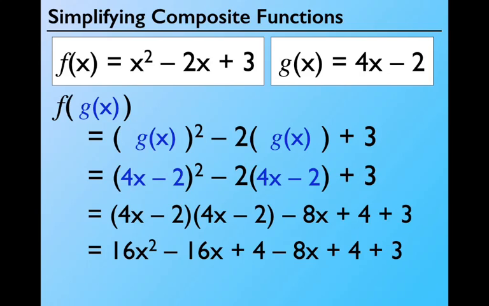Keep in mind that 4x minus 2 squared expands to 16x squared minus 16x plus 4. And then you just combine like terms. And there's your answer.